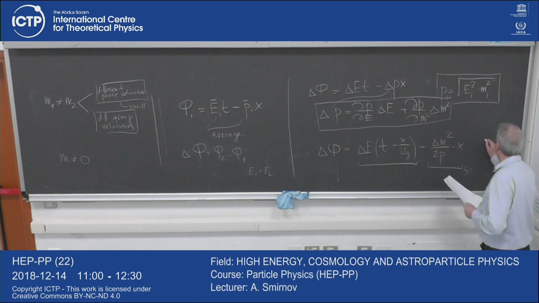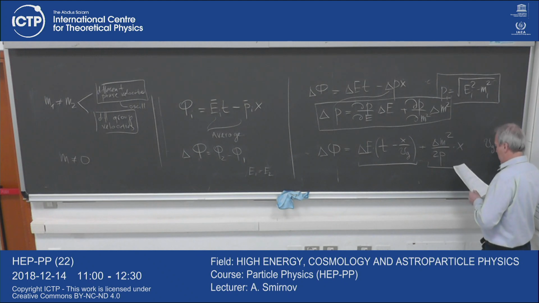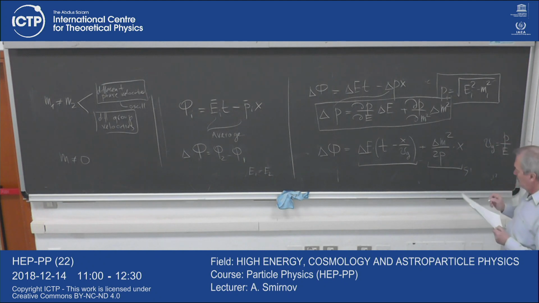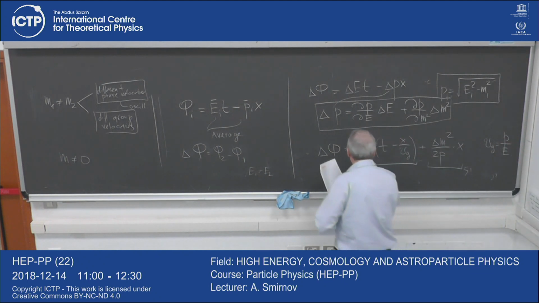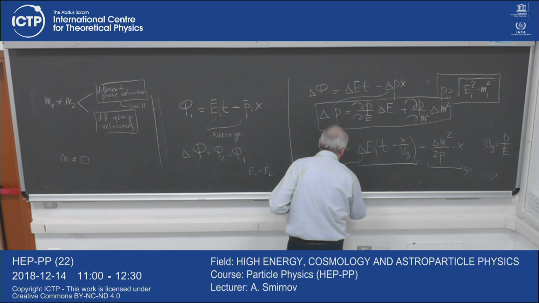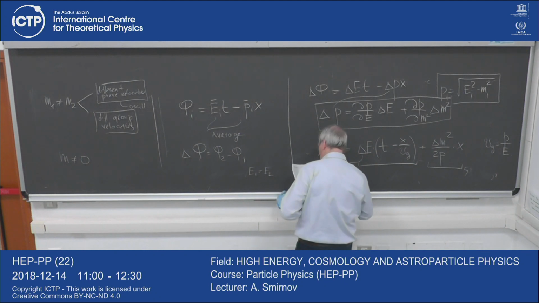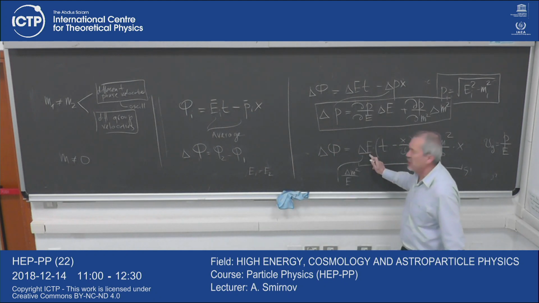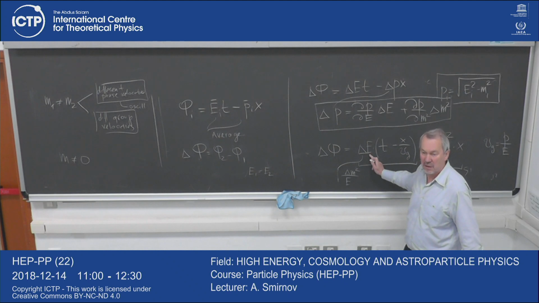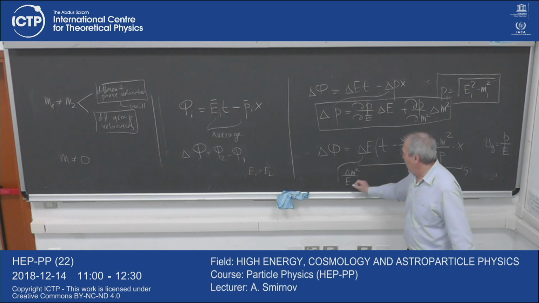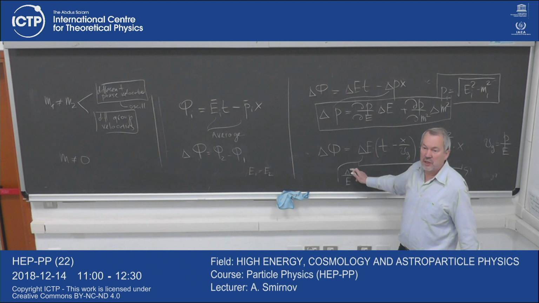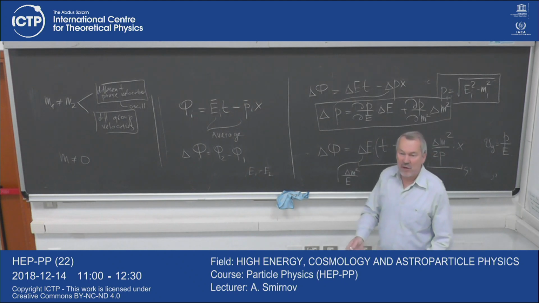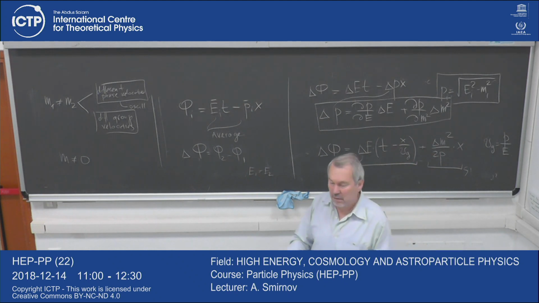So again, V group is P over energy. Delta E here is proportional to delta m squared over energy. Remember, these are average energies in your wave packet. And of course, if delta m squared is 0, then you would get the same average energies in your wave packet.